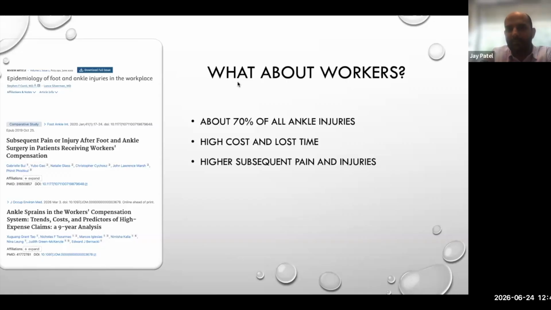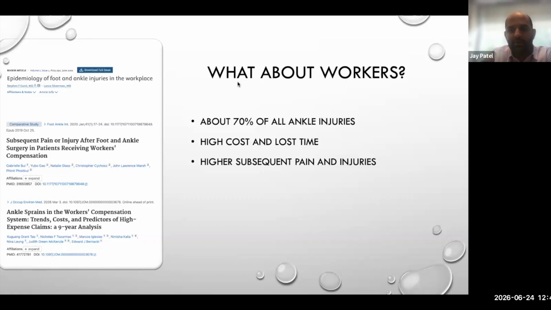If they only needed medical treatment, it was about $1,300, but when you combine it with lost time, it can be as high as $25,000. If they had coexisting injuries, however, those numbers were even higher, right? Medical treatment was about $2,400 per patient, with an average of about $53,000 in lost time and lost wages.